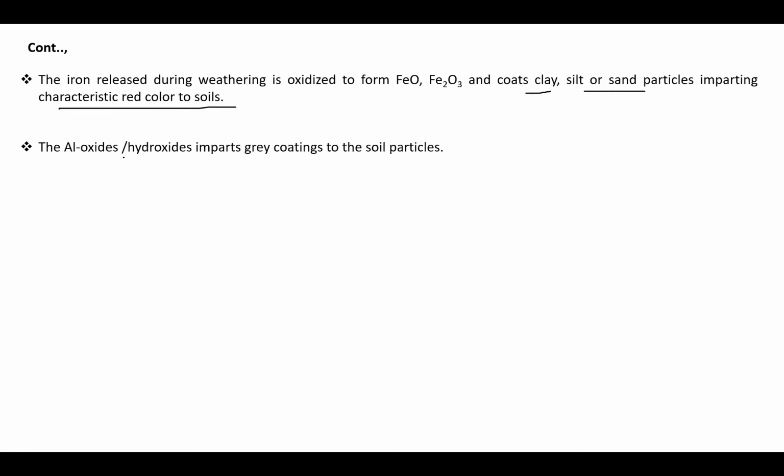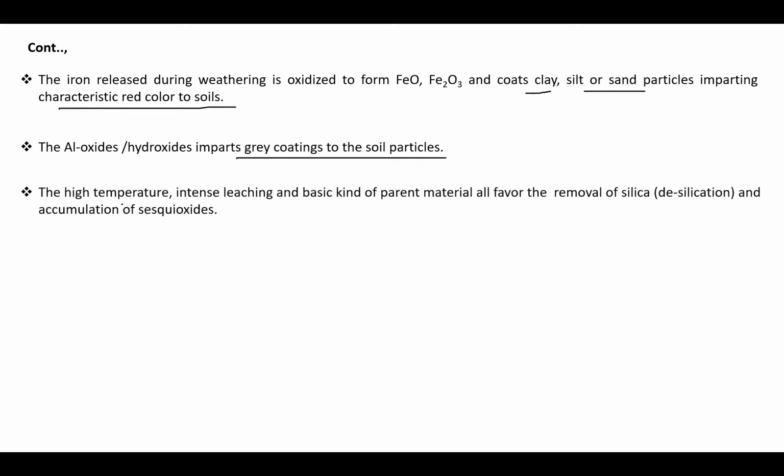And again, aluminum oxides and hydroxides, because of the weathering, impart a gray coating to the soil particles. Due to the intense high temperature and intense leaching, the basic parent material, which I have already mentioned in my previous slide, is favorable for the removal of silica, that is desilication, and accumulation of sesquioxides. So what is happening here?